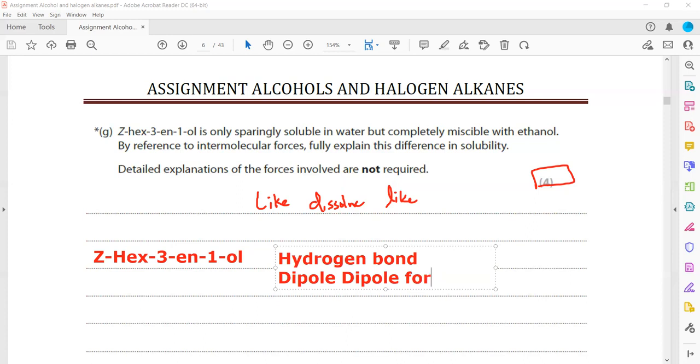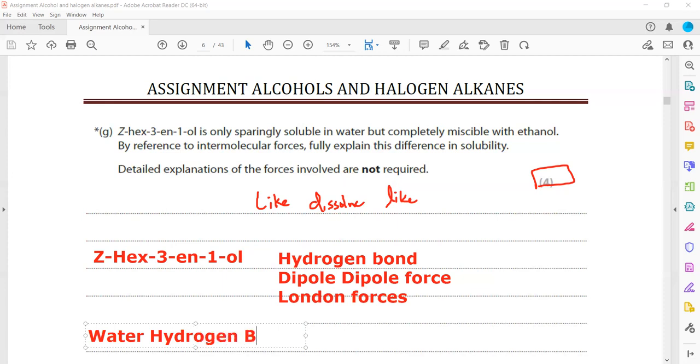And due to the carbon chain, it will have London forces. When we compare water, the major force is hydrogen bonding because hydrogen is bonded with oxygen. Dipole-induced dipole force is there too because electrons are there, but the major force is hydrogen bonding.